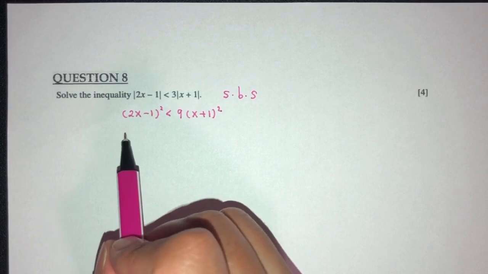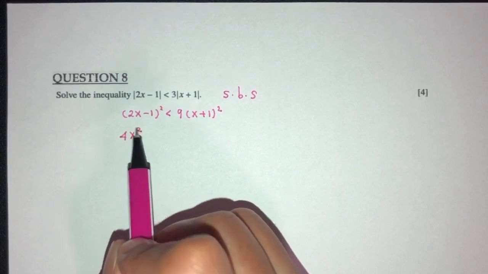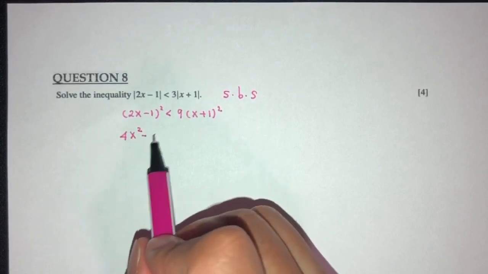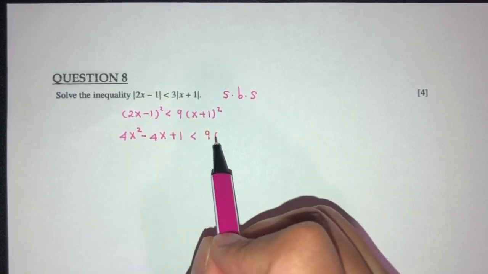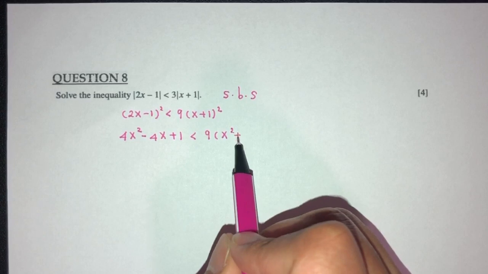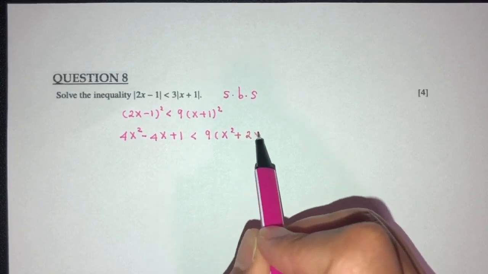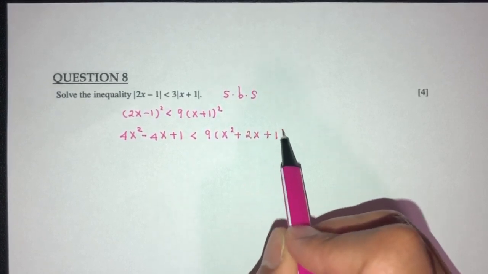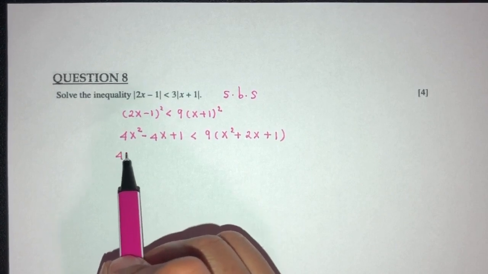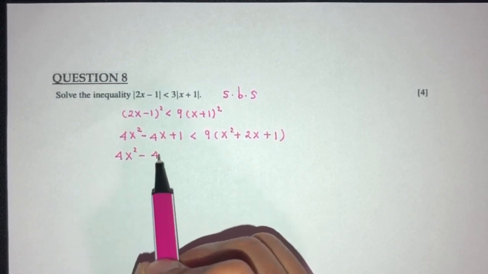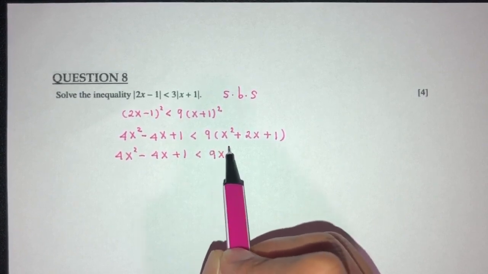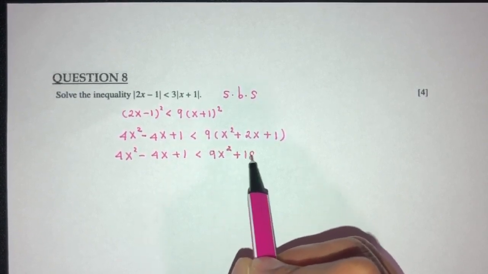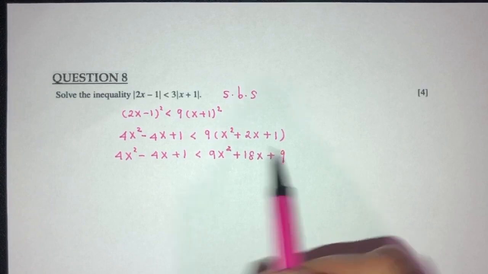That will become 4x squared minus 4x plus 1 less than 9x squared plus 2x plus 1. That will become 4x squared minus 4x plus 1 less than 9x squared plus 18x plus 9.